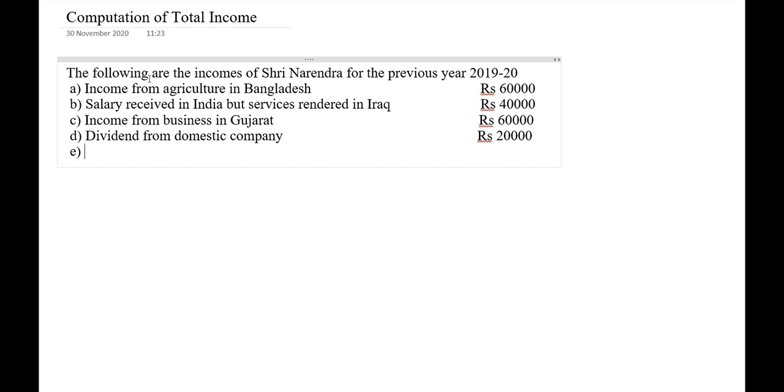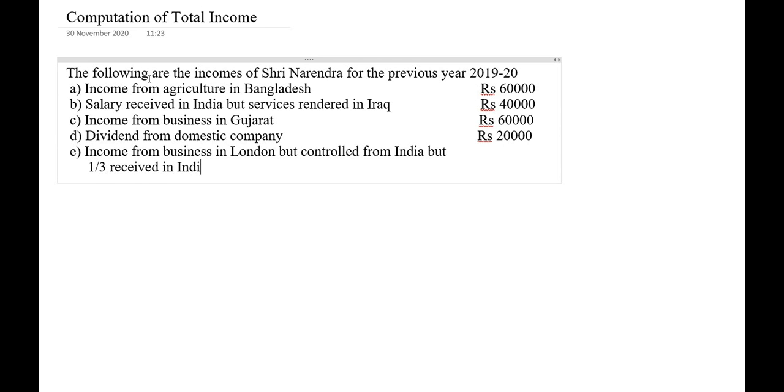E, income from business in London but controlled from India, but one third received in India, rupees 30,000.